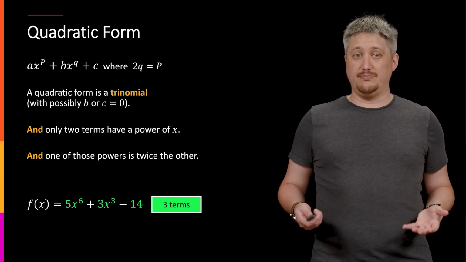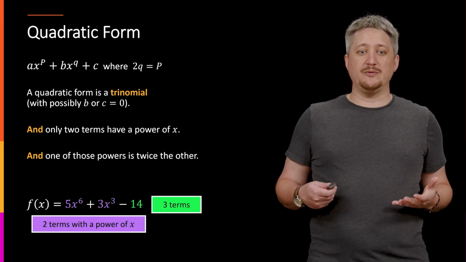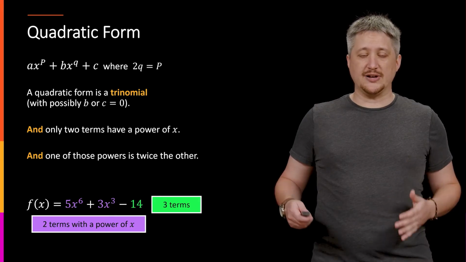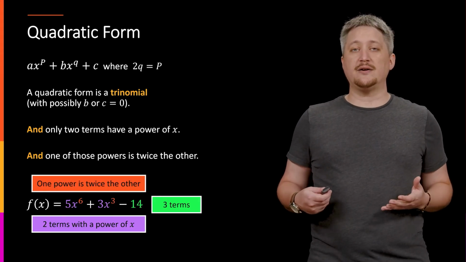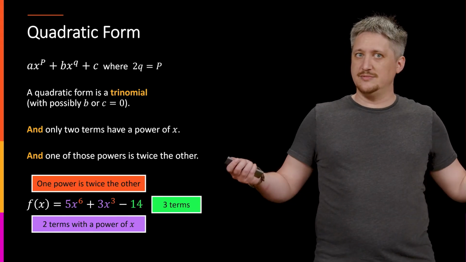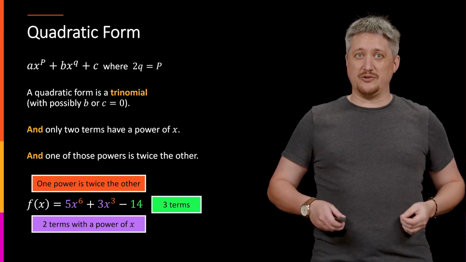This thing had our three terms, so it's a trinomial. We made sure that we had two terms that had a power of x, and the third one was just a constant. And of those two powers, one of them, 6, was twice the other, 3. 2 times 3 is 6. I know, crazy math we're doing. So that's how we can recognize a quadratic form.